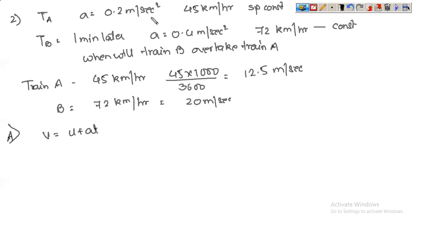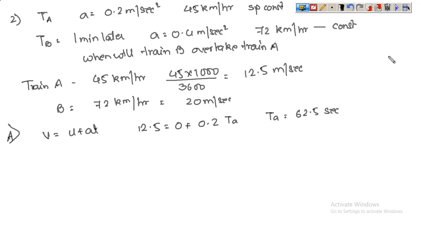One, it is at constant acceleration. Once it reaches 45 kilometer per hour, then only the speed is constant. So to find out the accelerating time, 12.5 is equal to 0 plus 0.2 times t. So train A accelerating time is 62.5 seconds.